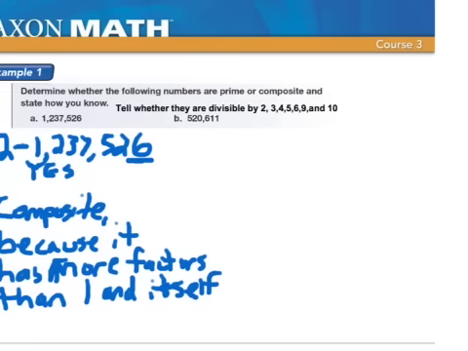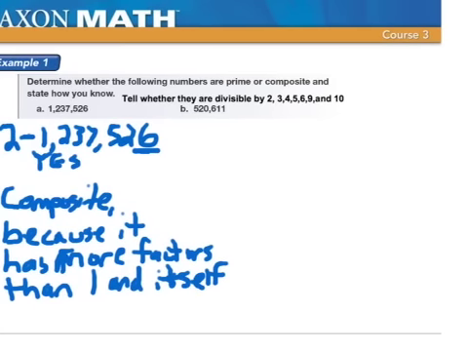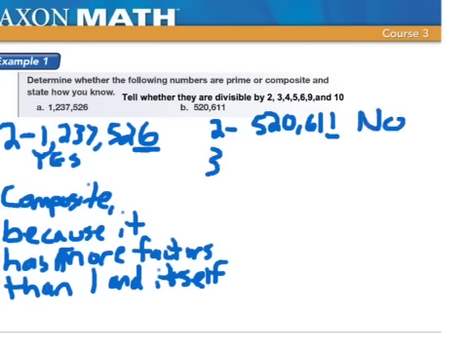Now let's look at B. I'll slide this over. Now we're looking at the number 520,611. Again, we're using our divisibility tests. First, the test for 2. The number ends in a 1, so it's not even. So it's no. Now use the test for 3.